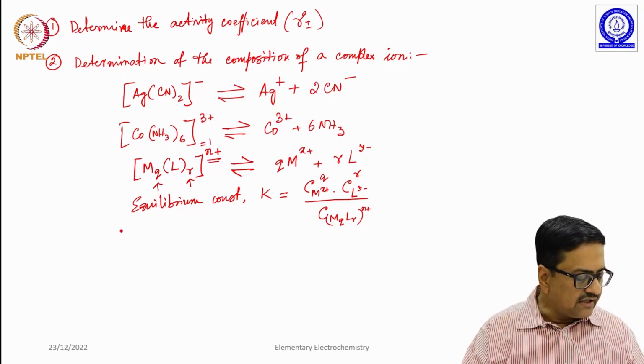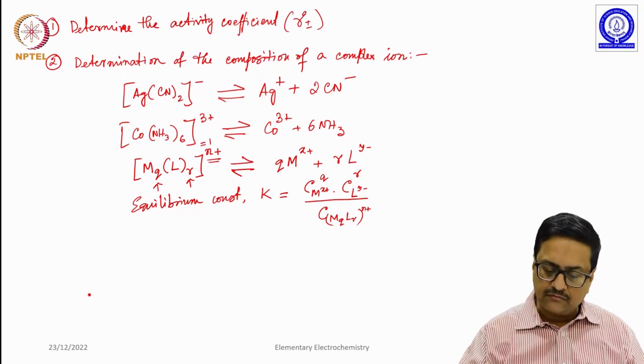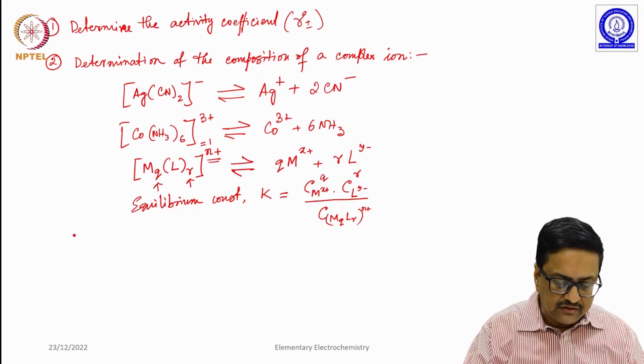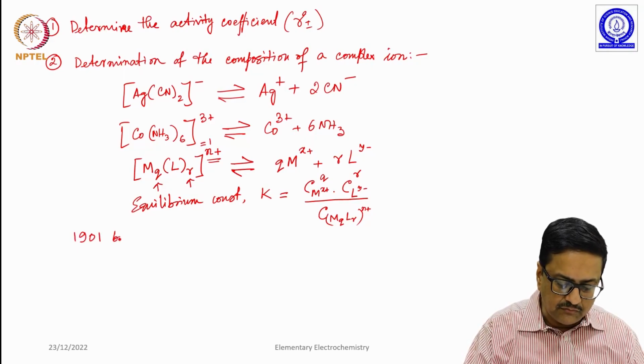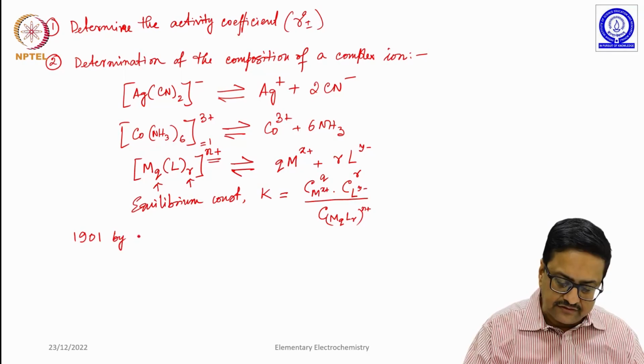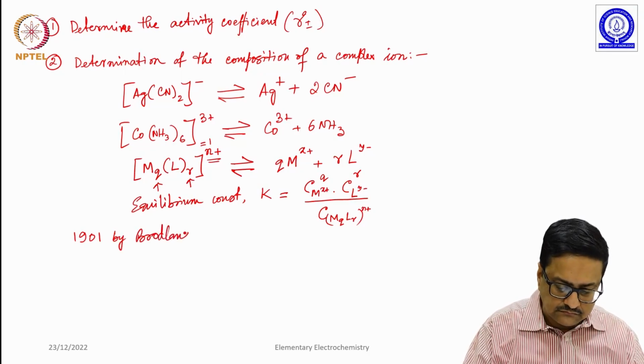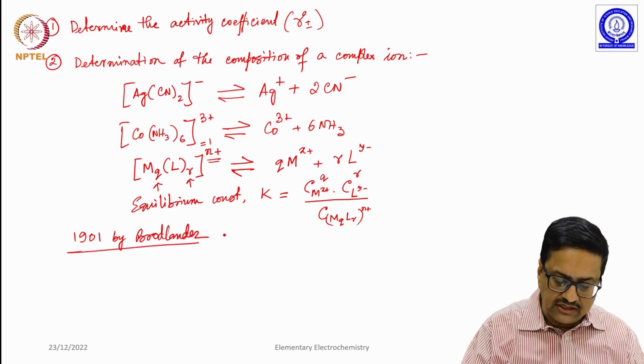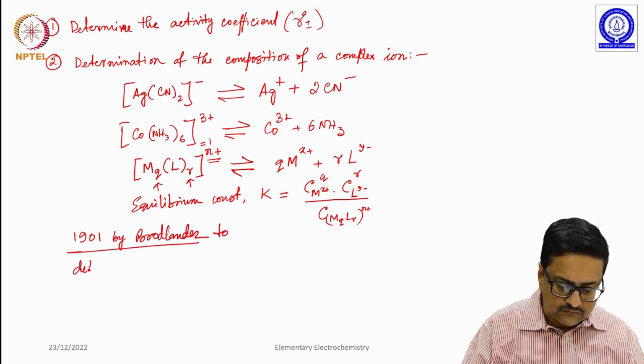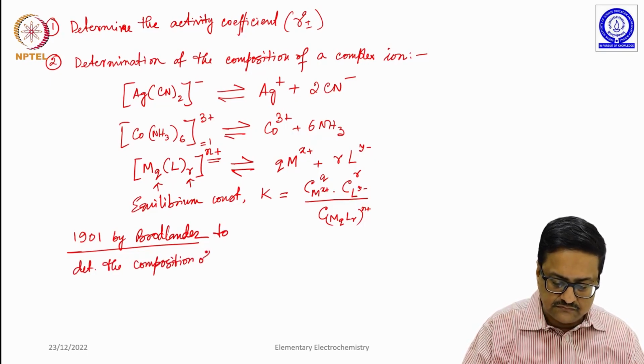One of the very early efforts was made in 1901 by Bodlander to determine the composition of the copper ammonia complex.